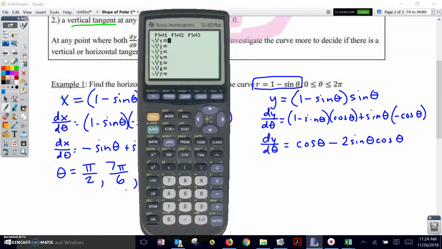Alright, and find the zeros of this one. There are a few of them.